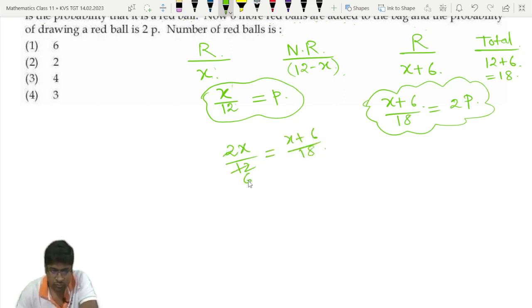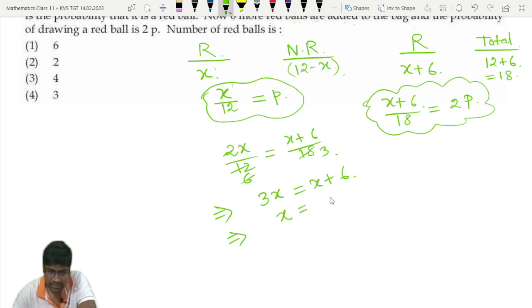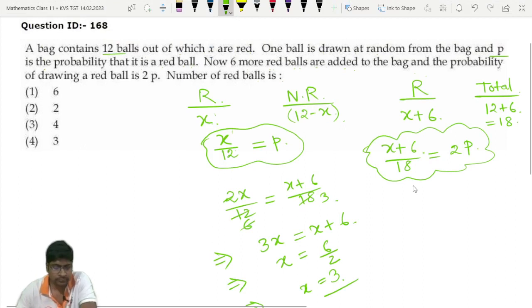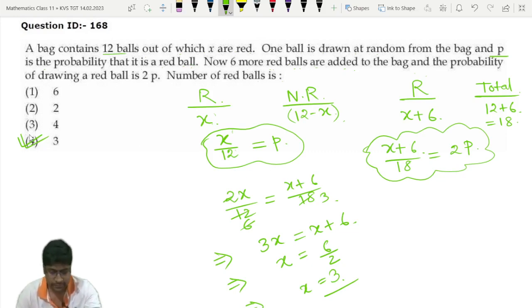That will imply 3x will be equal to x plus 6. So 2x is equal to 6, x is equal to 6 by 2, that is equal to 3. So the number of red balls is 3. Option 4 is the correct answer.